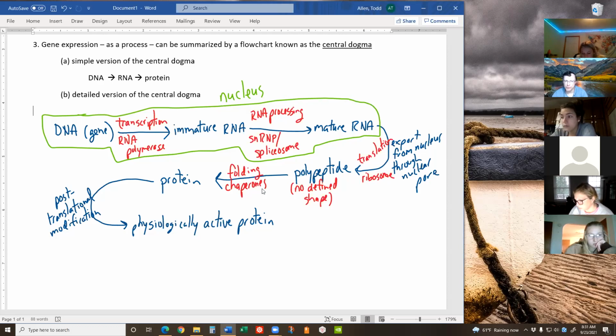Chaperones would be the proteins that help the polypeptide adopt its proper folding, its proper geometry, its proper shape. So when you have an actual protein, you now have a defined shape.